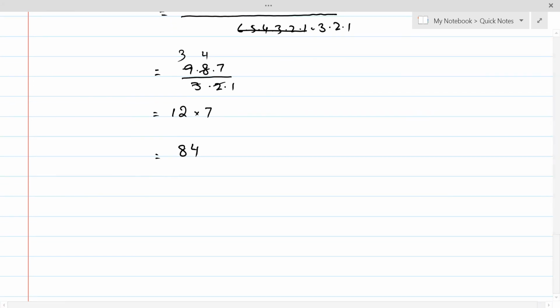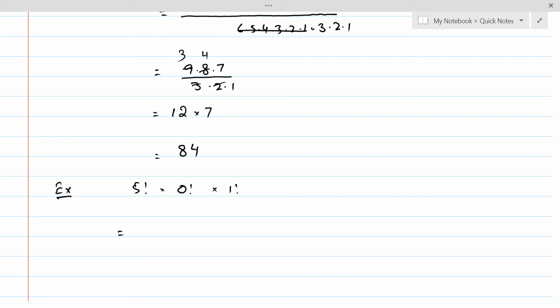And what next? There is one more example that we will do before we finish this lesson, that is 5 factorial into 0 factorial into 1 factorial. As we did in the start, 0 factorial is equal to 1 and 1 factorial is equal to 1.